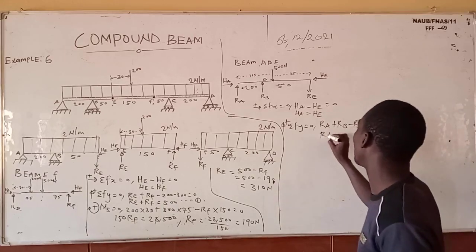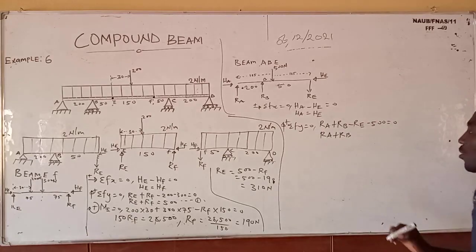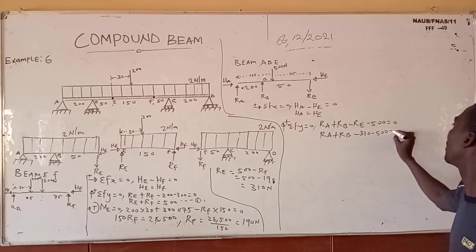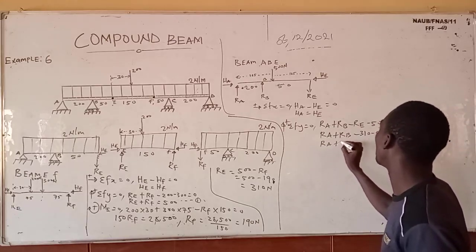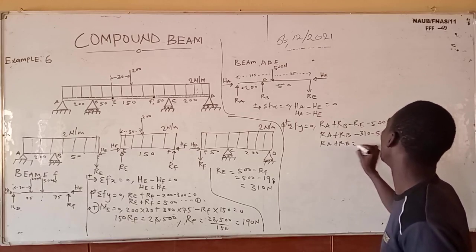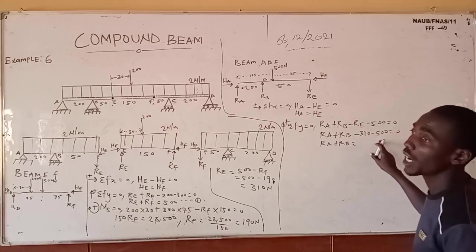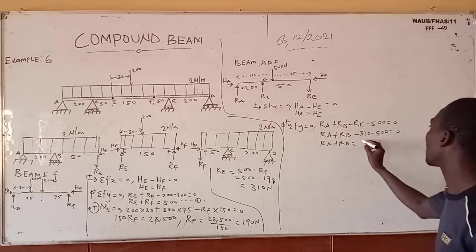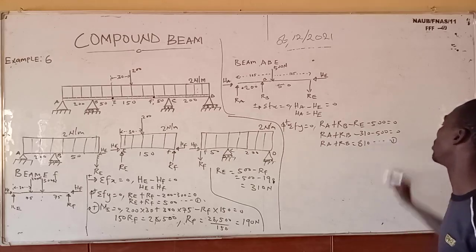So arrow A plus arrow B minus 310 minus 500 equals 0. So arrow A plus arrow B will be equal to, if you add this together, negative 810. When it goes to the other side, it becomes positive 810. So I can call this my equation 1.